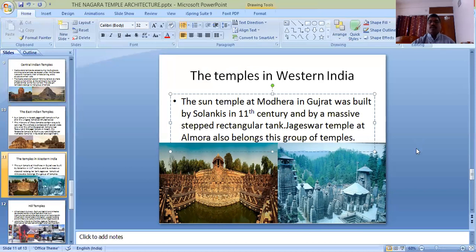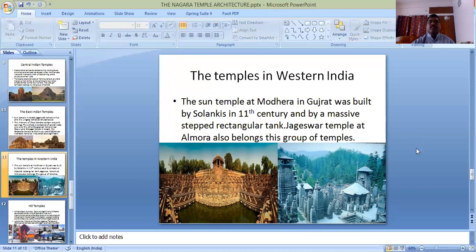So the temples of Western India, the Sun Temple at Modhera in Gujarat and the Jagati Temple at Almora, belong to this group, and it is shaped by a stepped rectangular tank.